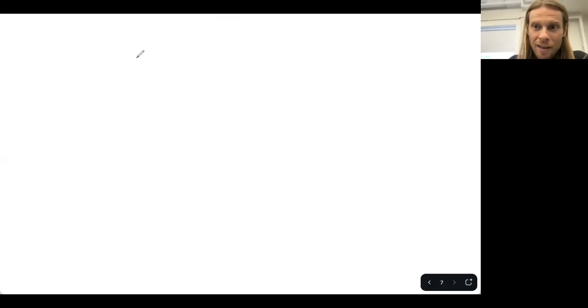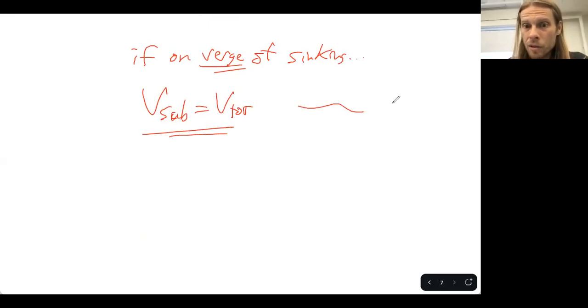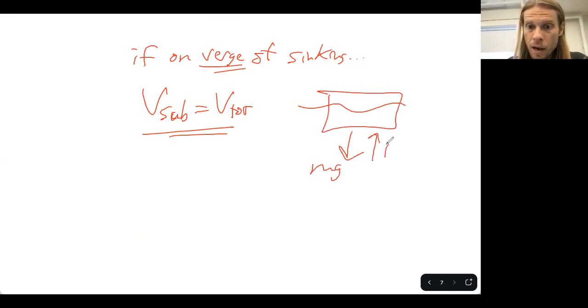It's a shortcut, right? If on the verge of sinking, V submerged equals V total. Because as I add mass, if mg increases, then FB has to increase.